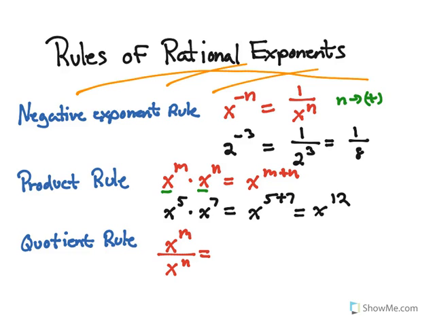So the rule is that when you're dividing the same bases, you can take the exponents and subtract them. An example of this would be x to the 10th divided by x to the 5th power. Then the equivalency is 10 minus 5, which is x to the 5th power. Just subtract the exponents, and that's all you do for that.